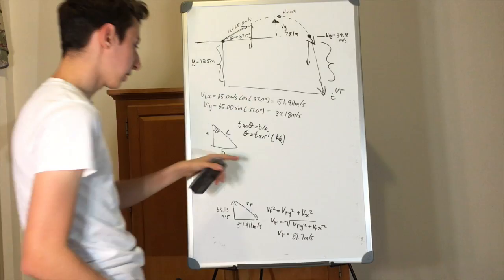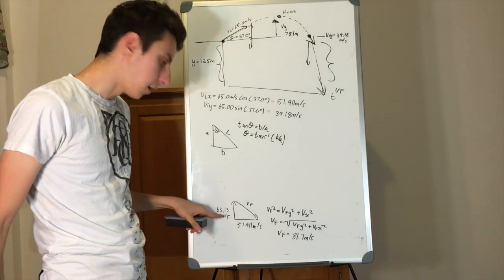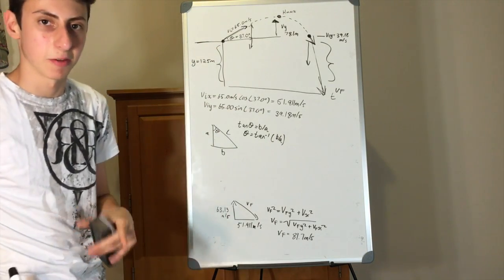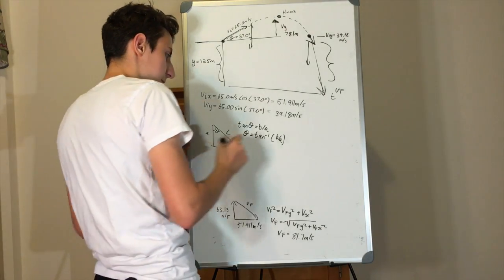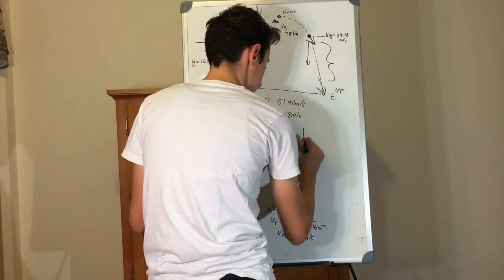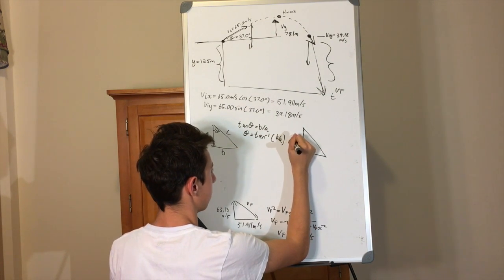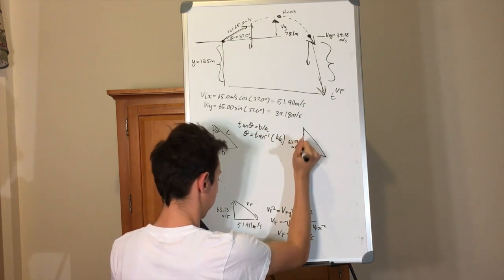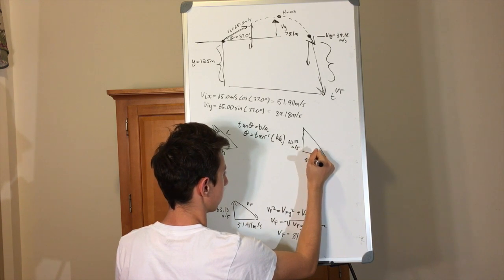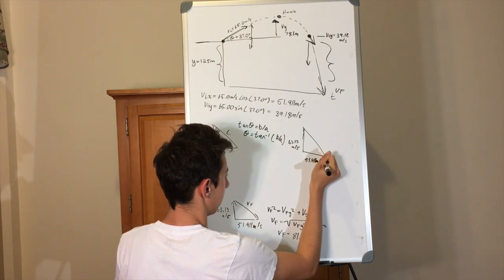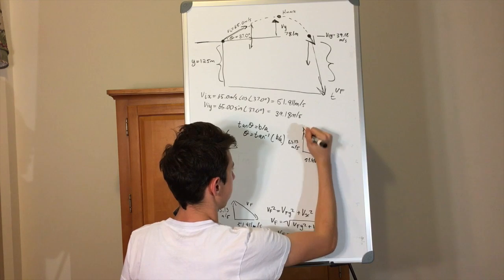Right? So we're going to do exactly the same thing, but with our velocities in the x and the y direction. So we're going to have, in this one, again our 63.13 meters per second. Over here we're going to have our 51.911 meters per second. And we have our theta over here.